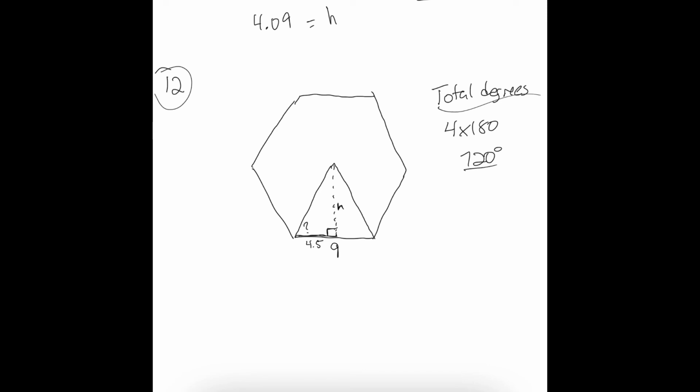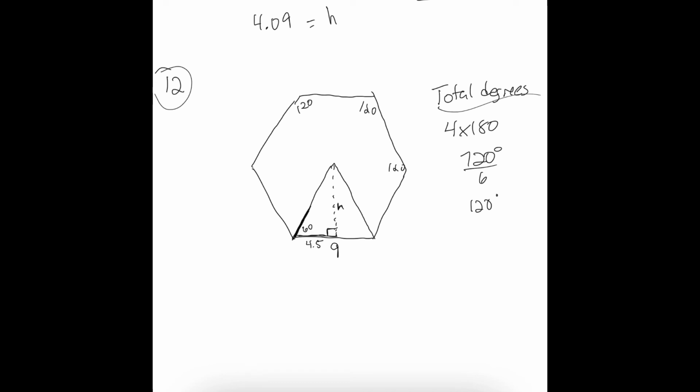I'm going to divide that total by 6 because there are 6 angles. If we divide 720 by 6, we get 120 degrees in each angle. So that angle is 120, that one's 120, that one's 120. Well, remember, I cut it in half right here. So my theta is going to be 60.